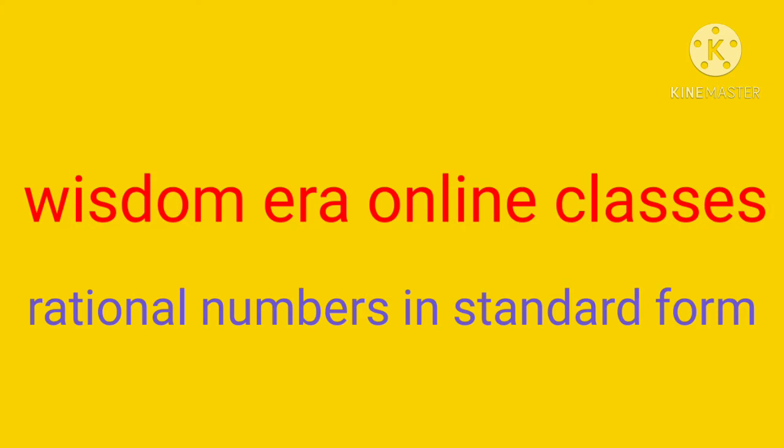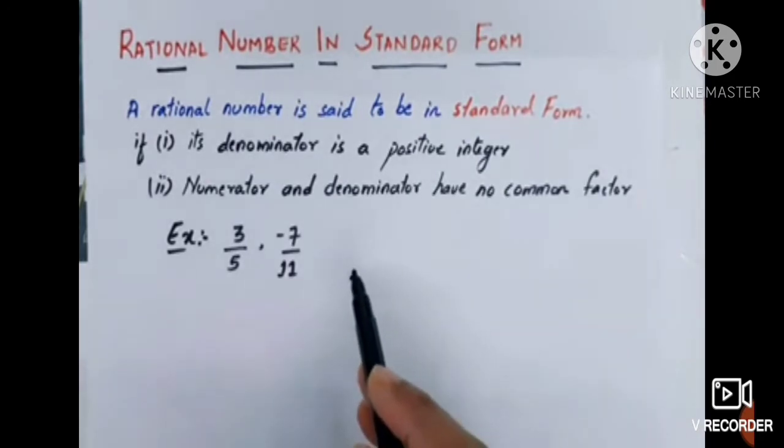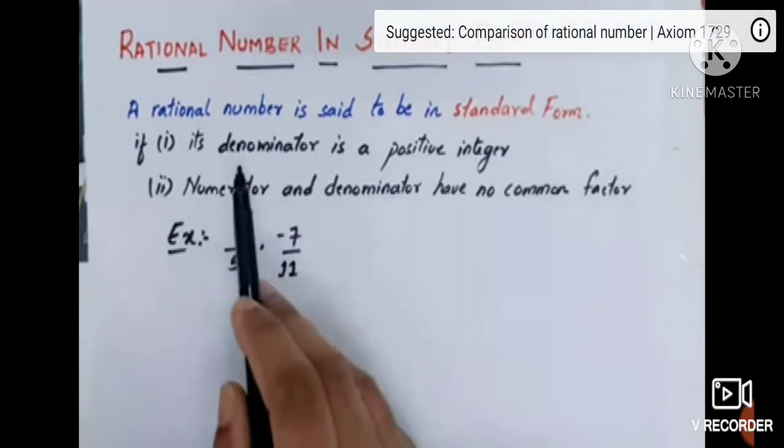So how do we check whether the given rational numbers are in standard form or not? You can check it by some rules.